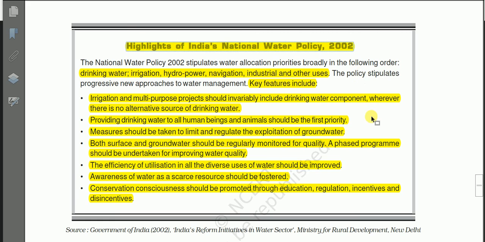The National Water Policy 2002 stipulates water allocation priorities broadly in the following order: drinking water, irrigation, hydropower, navigation, industrial, and other uses. So priority is given in this order. The first important priority is given to drinking water.